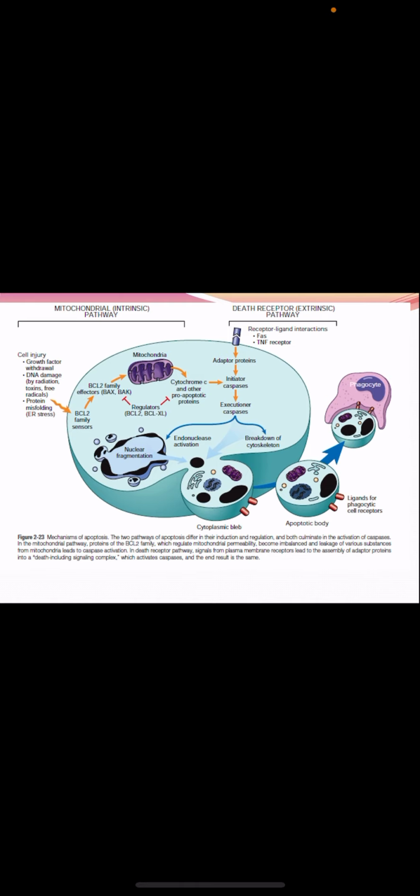Once the cytochrome is liberated, it will bind to apoptosis activating factor, and this complex is called the apoptosome, and this apoptosome will activate the initiator caspase. And this is the extrinsic pathway, which is also known as the death receptor pathway. We'll talk about it in further slides. This is about the intrinsic mitochondrial pathway.